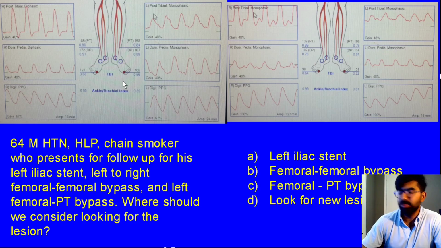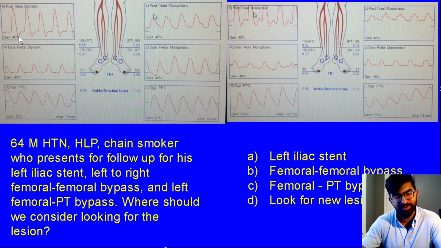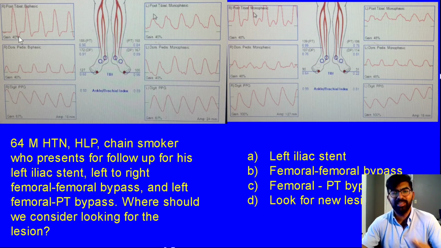And the TBI, it's 0.66. Notice how it's changed. It's only 0.22, okay? And more importantly, look at these waveforms. Isn't that interesting? So after a while, the waveform which I showed last time, because of the hyperemia, actually switched to a triphasic waveform as that compensatory vasodilatation went back down because it's had blood flow for a while. It's such a beautiful thing.